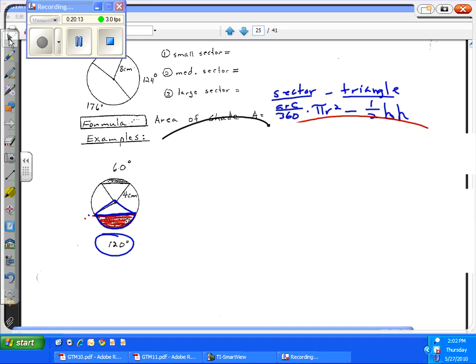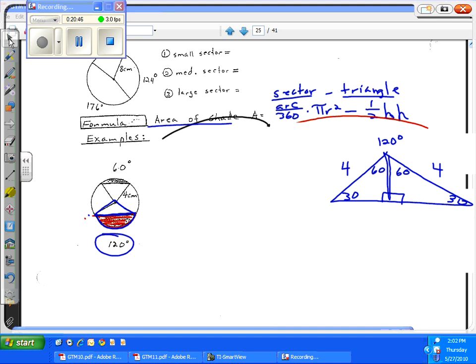This was 120 degrees, so my central angle is 120 degrees. I'm going to draw that a little bit bigger. This whole angle was 120 because the arc was. That's the vertex angle bisector. So we're going to have 30-60-90 triangles that look like that. Now, the radii were both 4. We want to find the area of the shade, which is the sector minus the triangle.